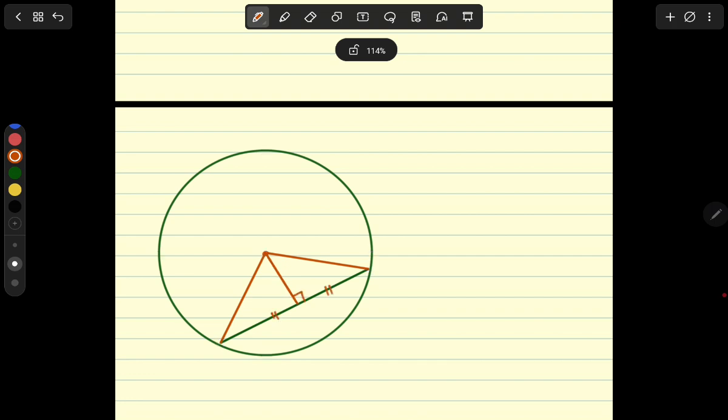Because if this is 90 degrees, then because this is radius and this is radius, therefore these two angles ought to be equal. Let's say that this is theta and this is theta, and if this is 90, this is 90, therefore this is going to be 90 minus theta, and this is going to be 90 minus theta as well. So now we have two identical triangles, right?